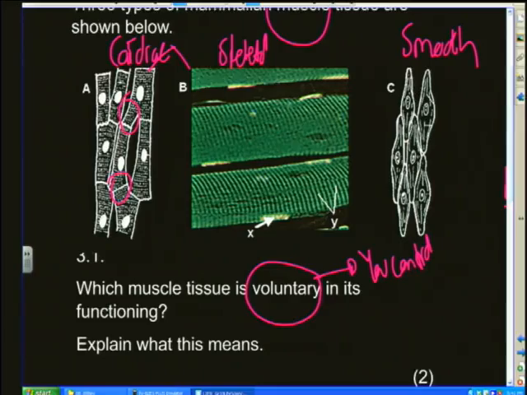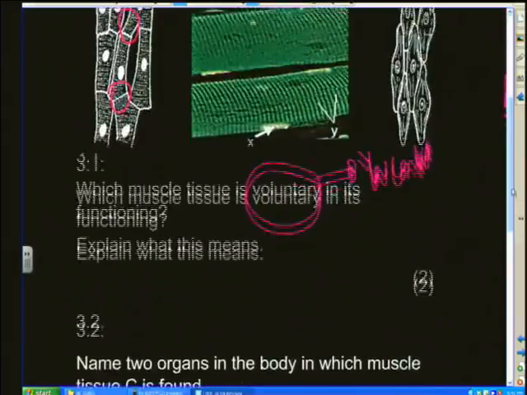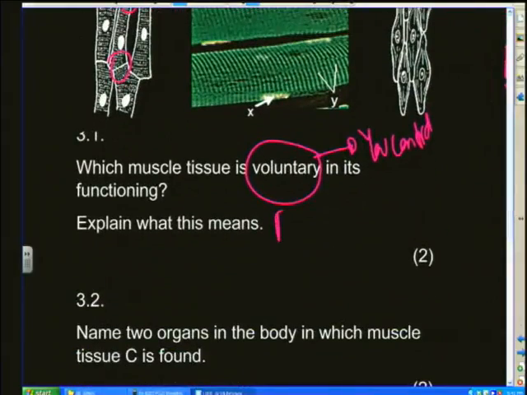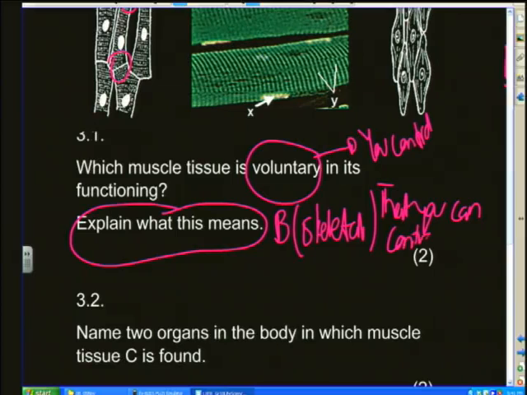Here, they haven't asked you which is which, so if you're not too sure, you can answer the question by saying B. But if you know, you can say skeletal muscle. Now they said, what does this mean? Voluntary means that you can control its movement. So that's what voluntary means.